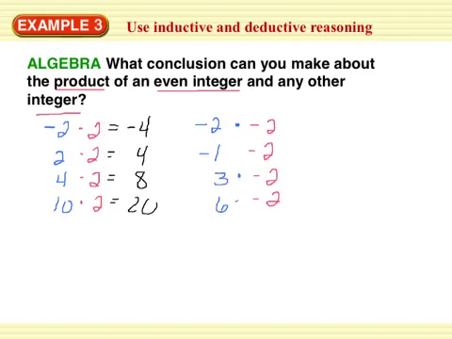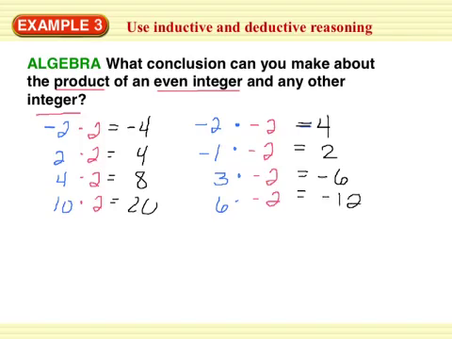Let's do all that multiplication. So here I have a positive 4, a positive 2, negative 6, negative 12.